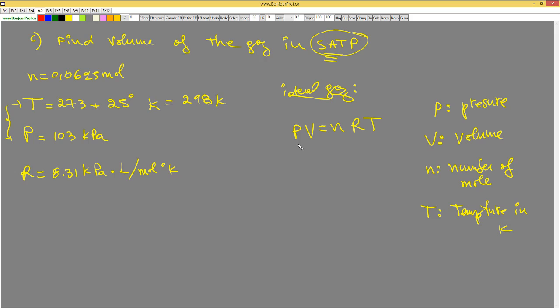So now we have the equation. Can you use this equation and find the volume? Of course, yes, because I know the pressure. The only thing I don't know is the volume. So plug everything in and find the volume.